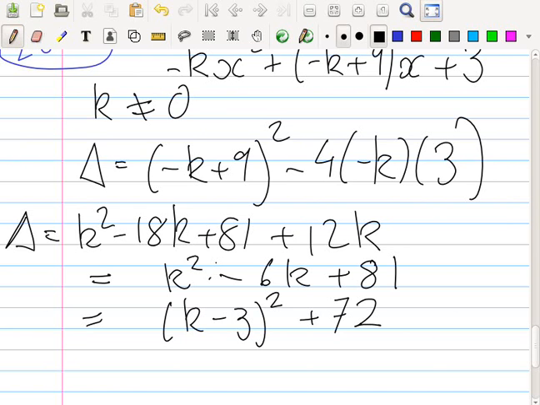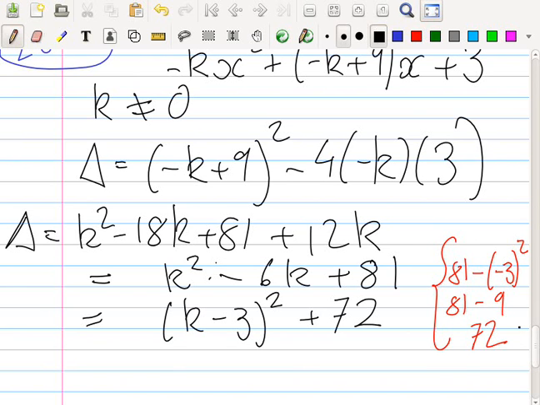It was 81 minus 3 squared, which was 81 minus 9, which was 72. If you expand this out, you see that you do get the previous line there.